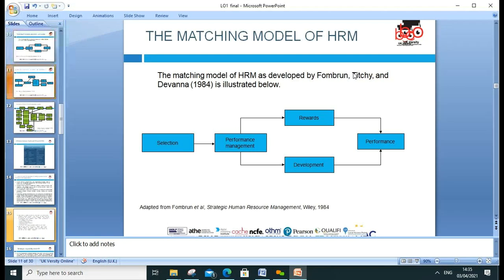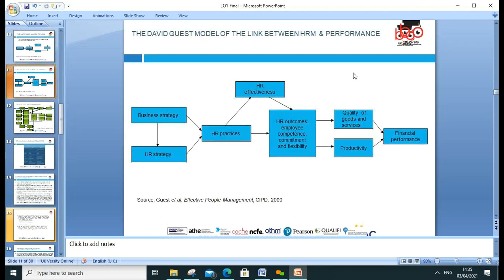Okay, then next we have a model. We discussed it already. Next we move toward David Guest, one of the British authors who gave the David Guest model. According to David Guest, we need to be focused on business strategy. We need to link it with the HR strategy.